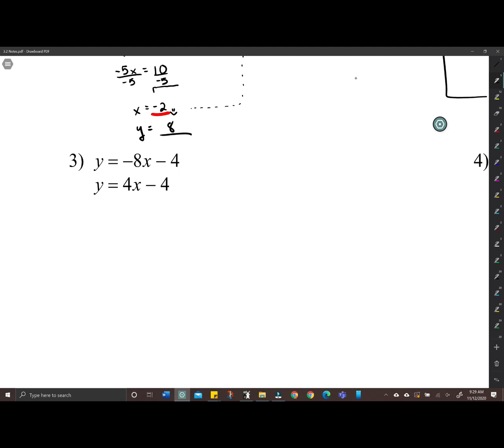So if negative 8x minus 4 is essentially y, it must also be equal to 4x minus 4, because that's also y. And we just need to solve by getting x to one side. So I will choose to add the 8x. That'll keep it positive.